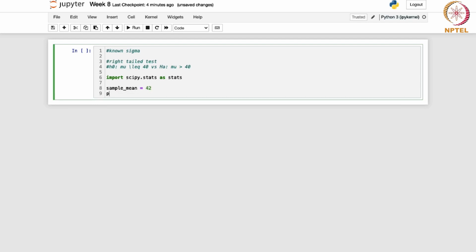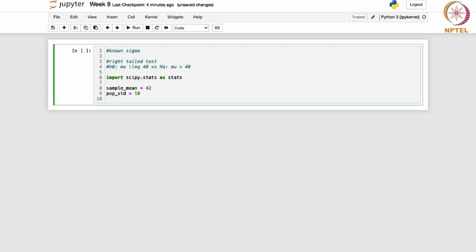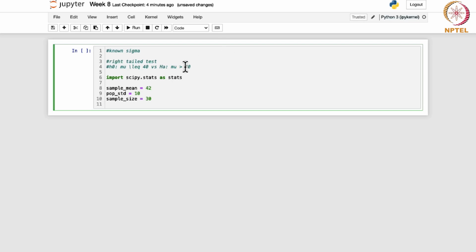Since in this case we know the sigma, we would write population std as 10, sample size let that be 30, and your hypothesized mean value, you can write the null mean as 40. So these are the sample data and population parameters.